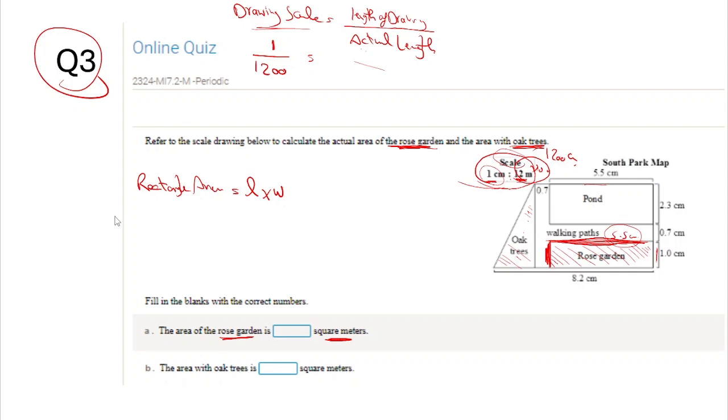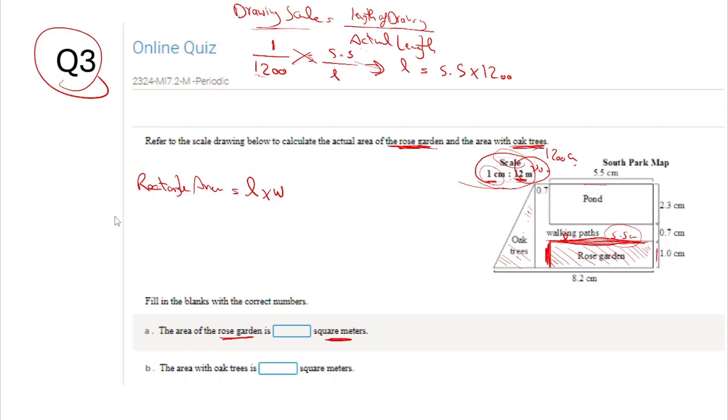Okay, so we have the equation here, drawing scale 1 over 1200. Let's take for this one, for the length, 5.5 over the length. This is for the rectangle, this is the length. So we'll do cross multiplication. So that means length will be equal to 5.5 multiplied by 1200.